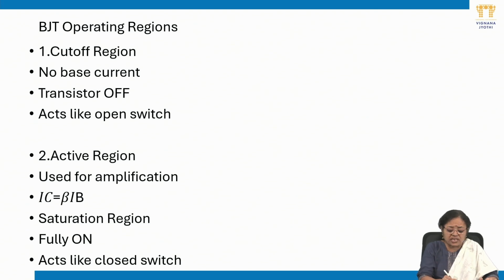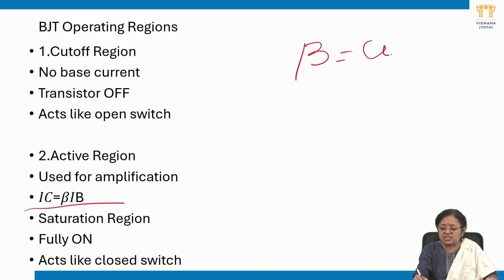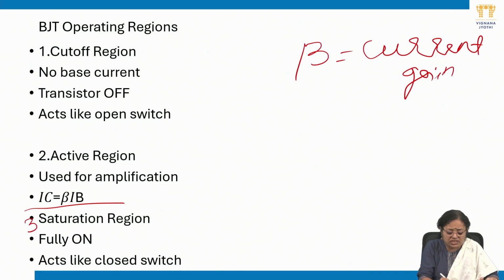So over here we can say that the collector current is equal to base current into the beta. What is beta? Beta is the current gain. And the saturation region, lastly we have the saturation region, this is third one, which is fully on, acts like a closed switch.